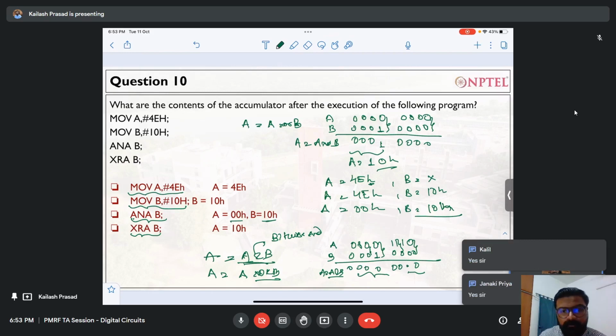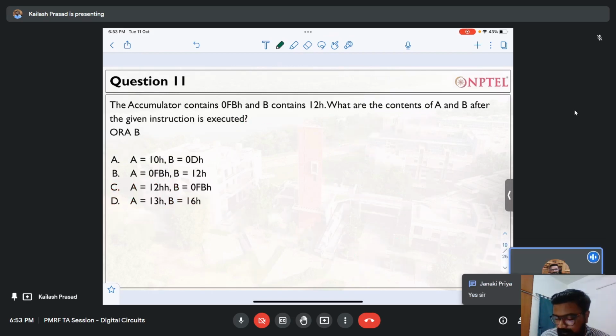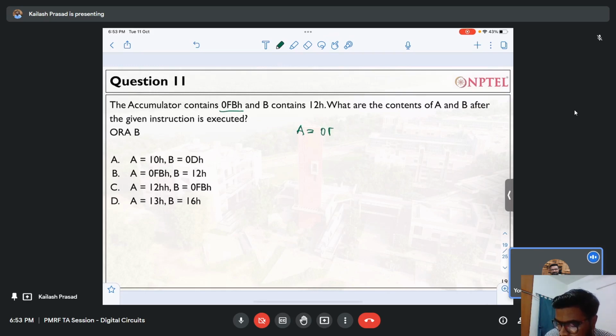Okay, thank you. Moving to another question, which is a very simple one. The initial value of A is 0FBH, so A is equal to 0FB in hexadecimal, and B is equal to 12 in hexadecimal.